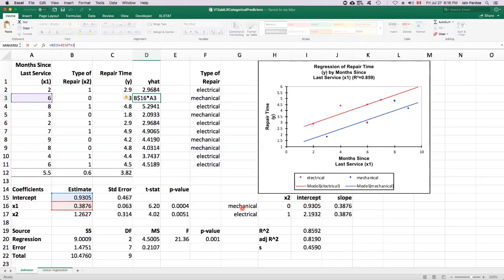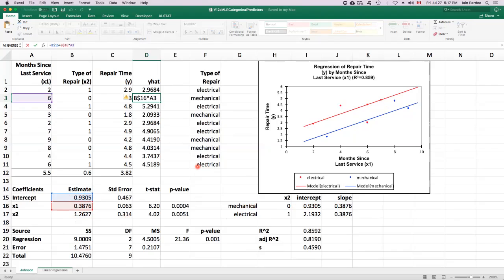For mechanical repairs, x2 is 0. If we think of this in terms of an intercept and a slope of a line, the intercept is 0.9305 and the slope is 0.3876. The slope is what's multiplying x1. So this is an equation that we derived from the estimated regression equation for the whole model, but it only applies to the mechanical repairs.